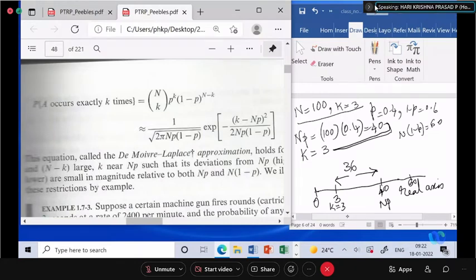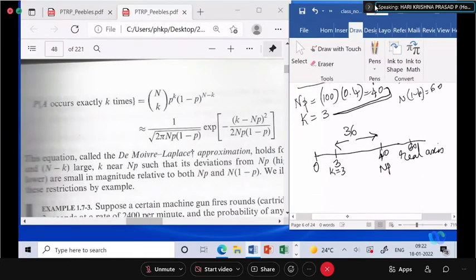Small means, I will tell you one thing. 1 is smaller compared to 10, far smaller. 1/10 at least you should take. 2 is smaller compared to say 30, because 1/10 of 30 is 3.